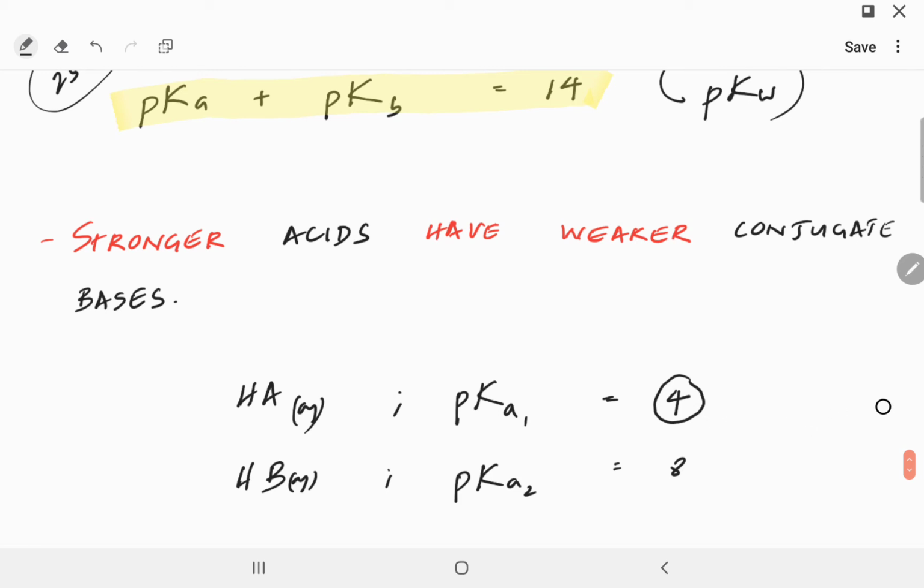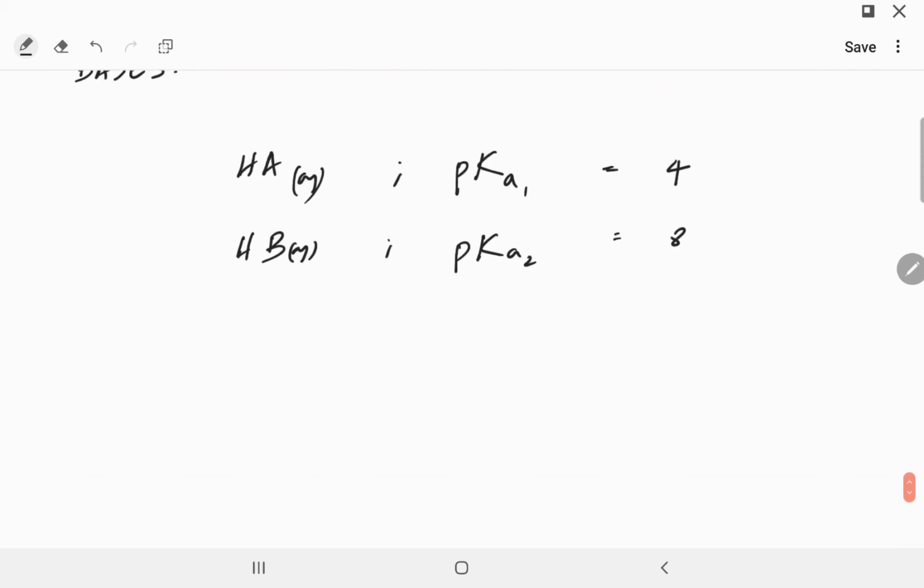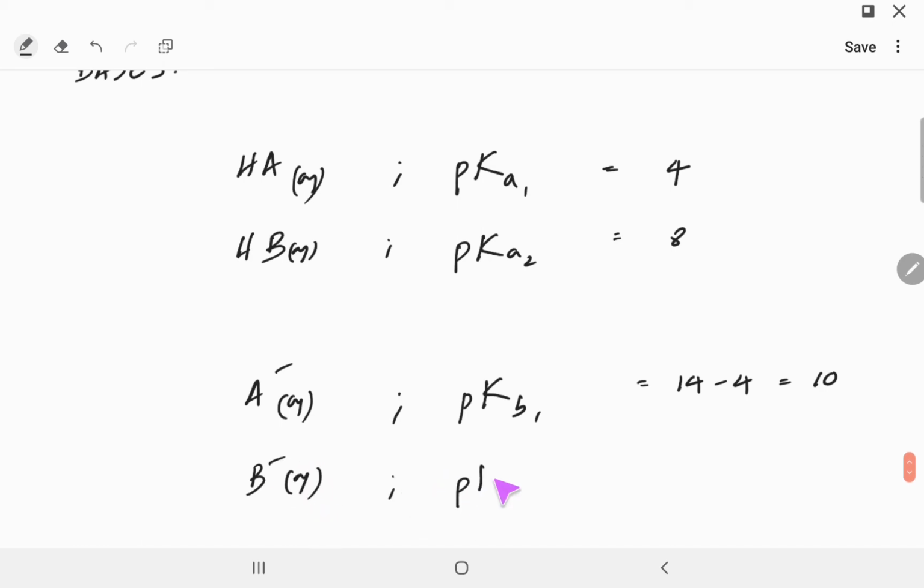Strong acid. Now, what will be the pKb for A minus? It will be 14 minus 4, which is 10. And what will be the pKb for B minus? It will be 14 minus 8, which is 6.